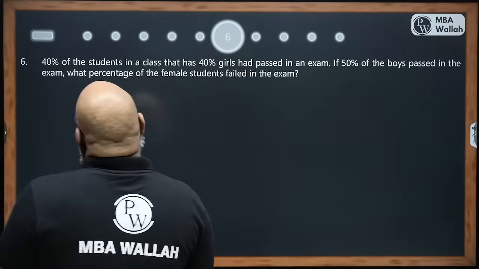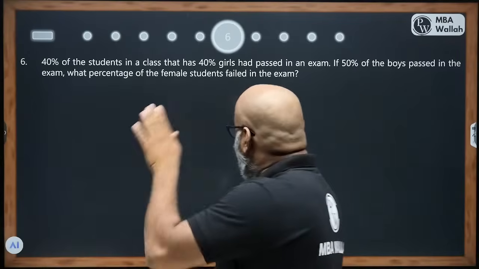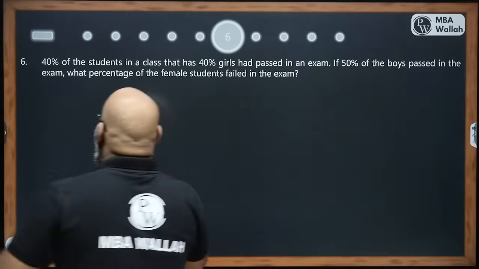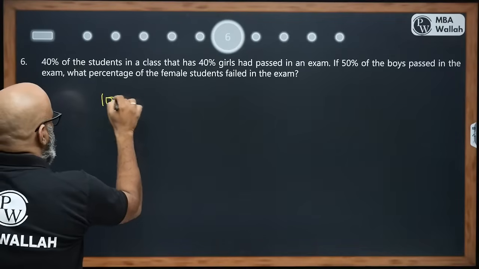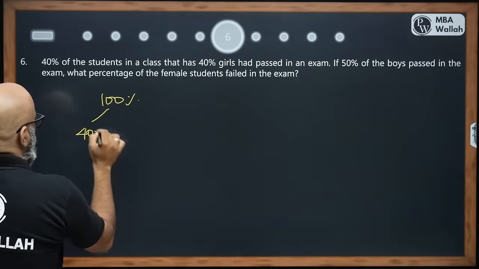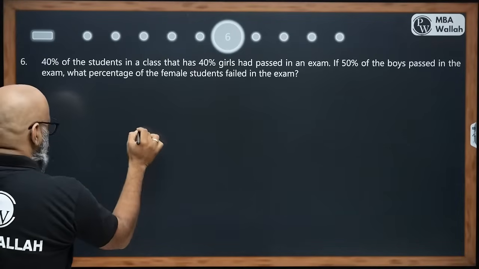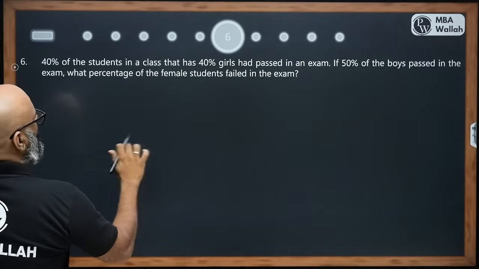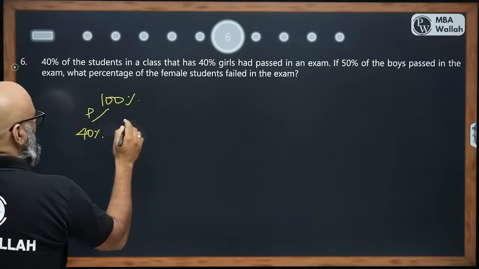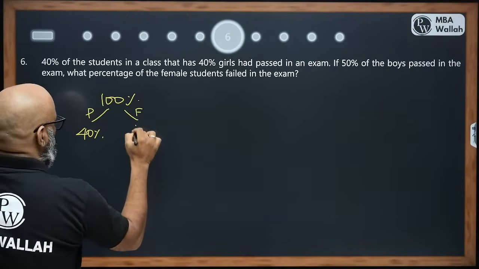So 40% of the students in a class that has 40% girls have passed in an exam. So it says that out of 100% in a class, 40% has passed, which means 60% of them have failed.